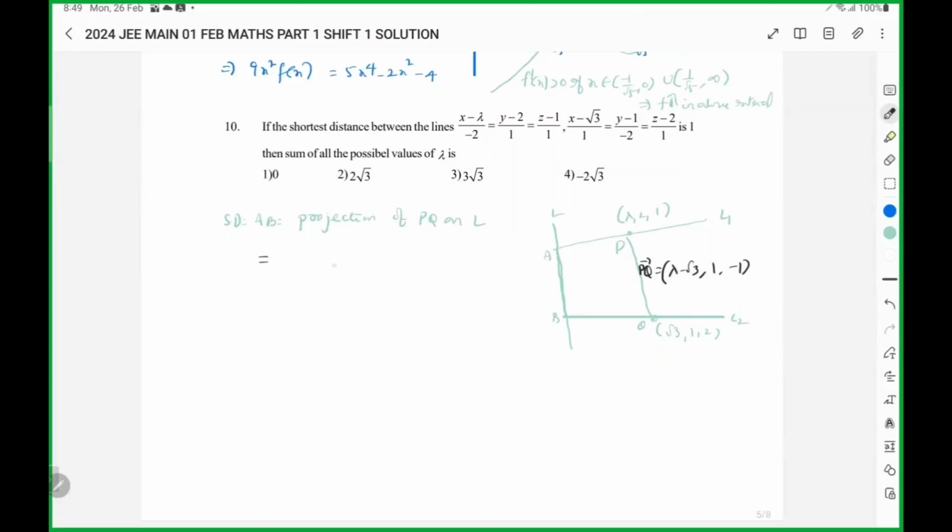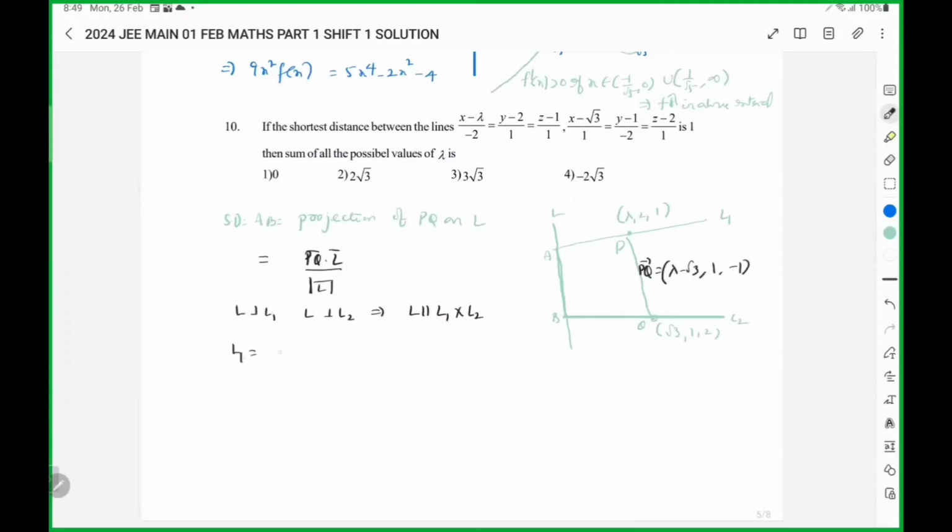So here it is PQ dot L by mod L. So this L is perpendicular to L1, L is perpendicular to L2, L is parallel to L1 bar cross L2.